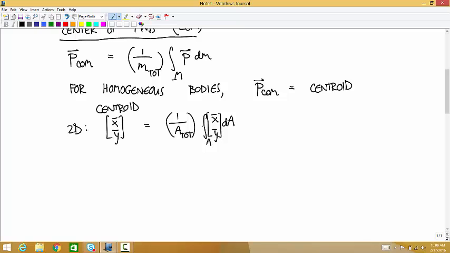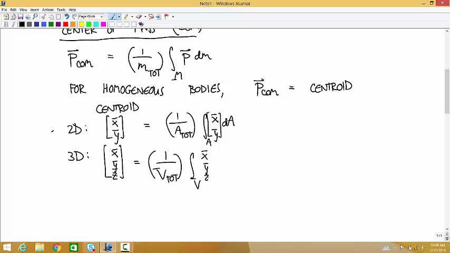In 2D, that would be area. In 3D, it would be volume. So this is X, Y, Z is equal to 1 over V total times the integral over the full volume of the centroid of your infinitesimal volume times the infinitesimal volume.